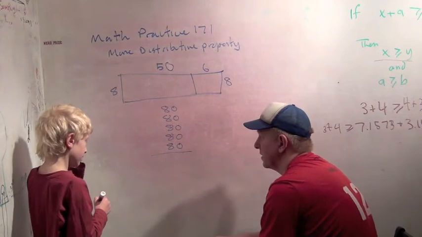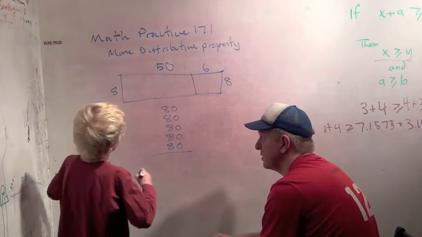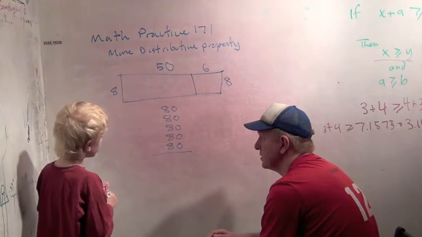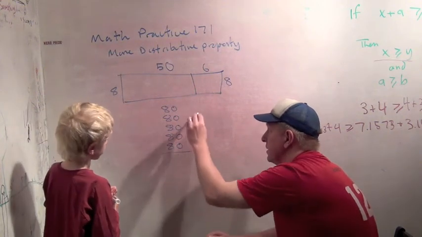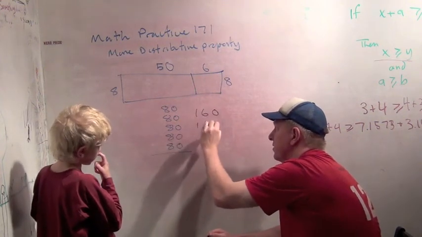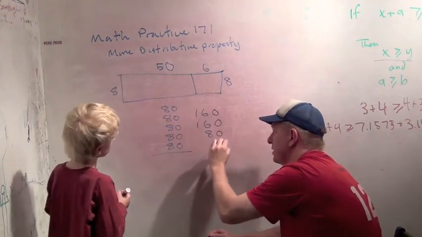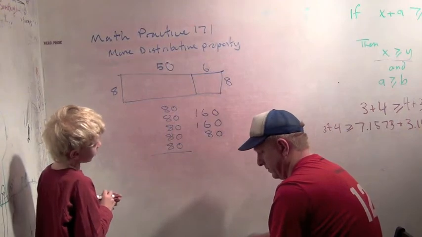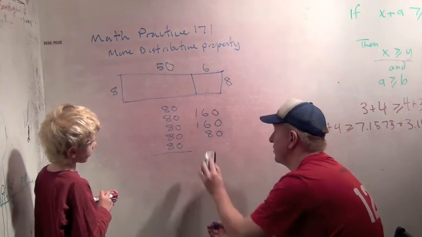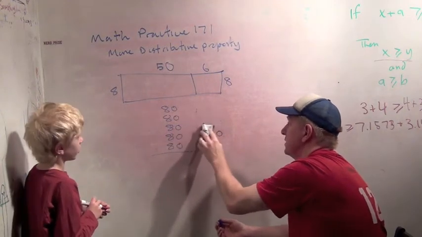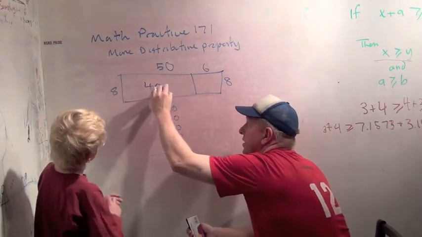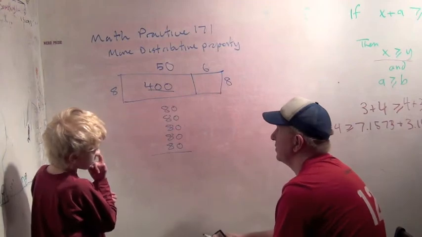How do you want to do that? We get two 160s and an 80. So that's the same as 160 plus 160 plus 80. That's good. Then 320 plus 80. And that's 400. Nice. We should talk about another way you could do that, but we'll not today.